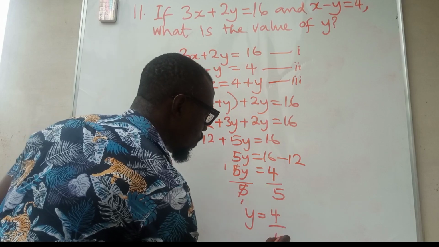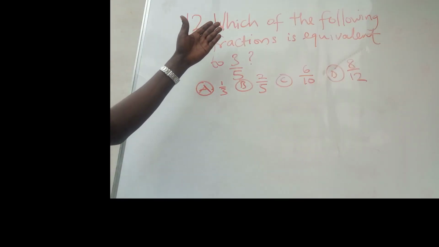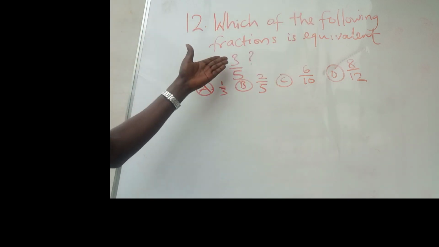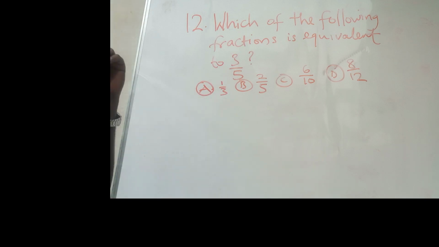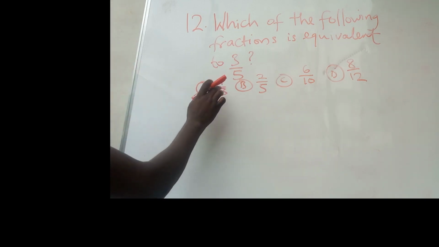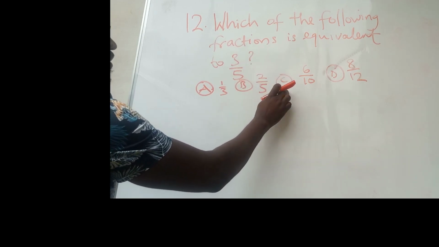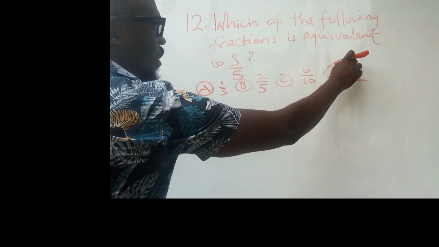4 over 5. Yeah, the next question says, which of the following fractions is equivalent to 3 over 5? Very simple. We have A, 1 over 3, B, 2 over 5, C, 6 over 10, D, 8 over 12.